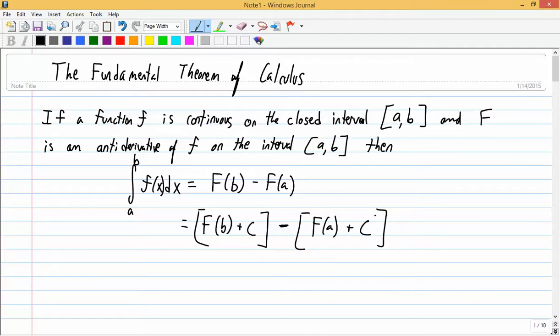I wouldn't write this down, but I'm just showing you why. If you have a plus c here and a plus c here, and you're subtracting, then the c's are going to cancel out. So you don't have to worry about that constant of integration, because it cancels itself out every time.